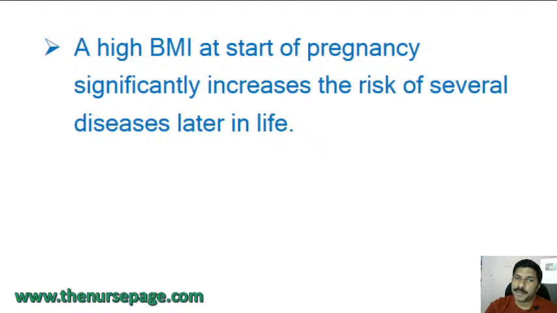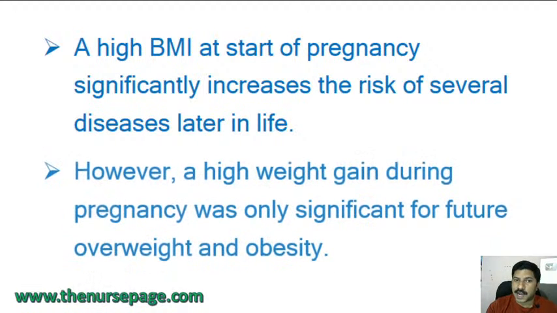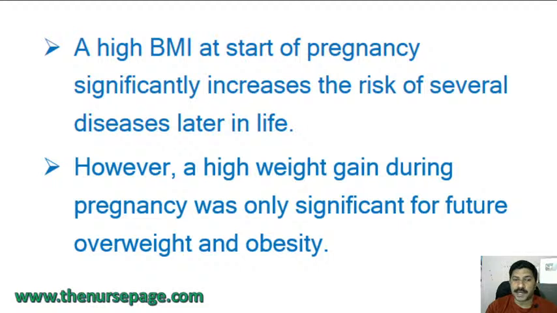However, a high weight gain during pregnancy was only significant for future overweight and obesity. So this overweight and obesity will lead to coronary artery disease. That is the risk factor.